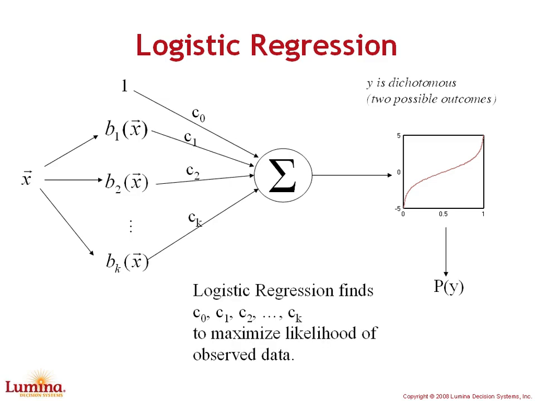It takes that whole system, the complete output, P of Y, and finds the coefficients that maximize the likelihood of the observed data. If you take an input, you get a probability of the output, and that basically tells you the likelihood of the observed value.